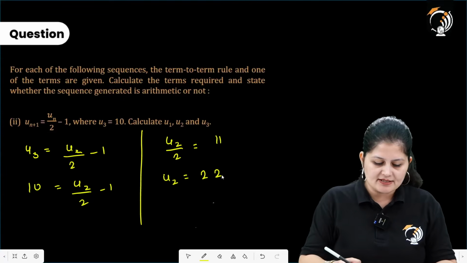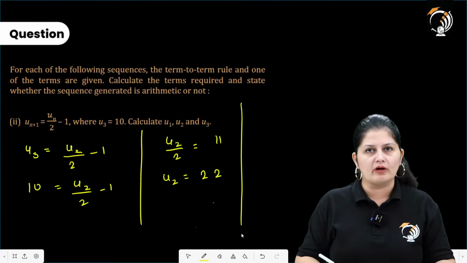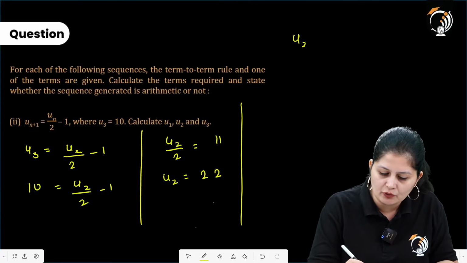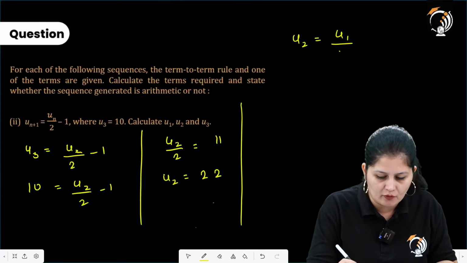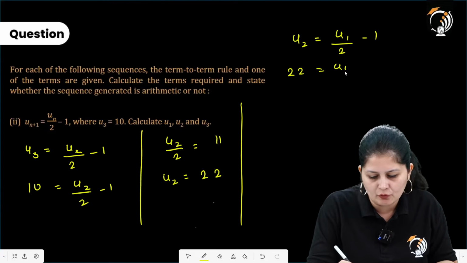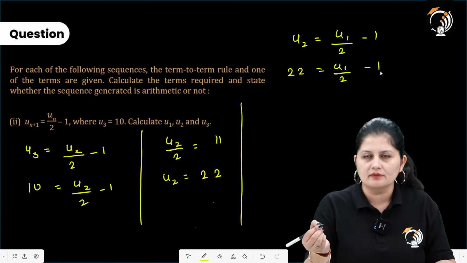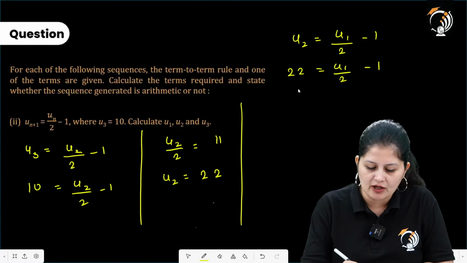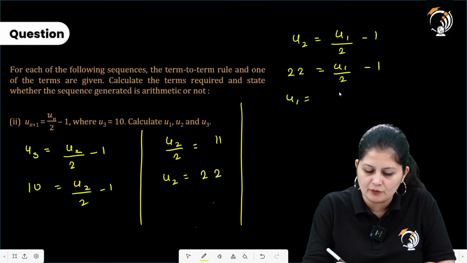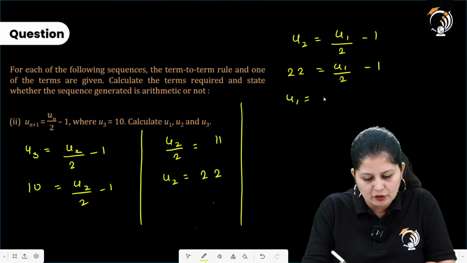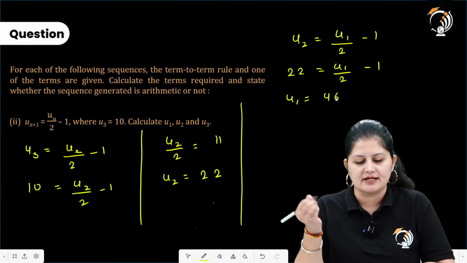Further, if we need to get the value of u1, we know that u2 will be equal to u1 over 2 minus 1. So this is going to be 22 is equal to u1 over 2 minus 1. So we get u1 is equal to 23 multiplied with 2, which is equal to 46.